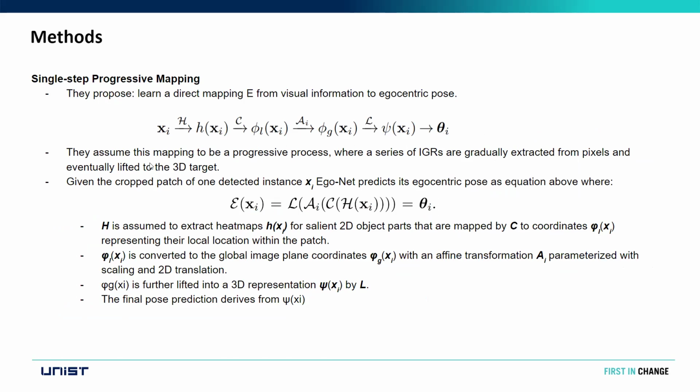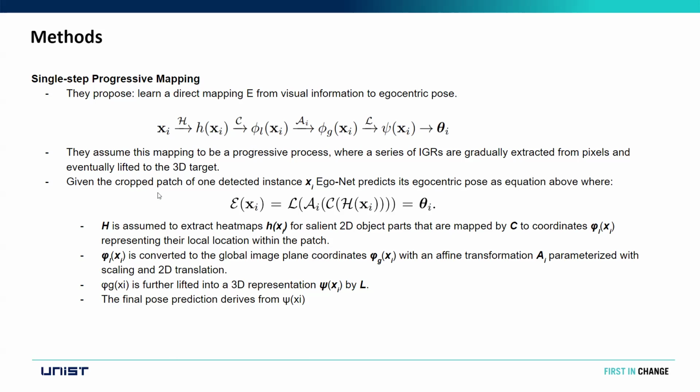They assume that the mapping between the image and the pose is a progressive process, and in between they extract the IGRs gradually, and then the final result is the 3D orientation.